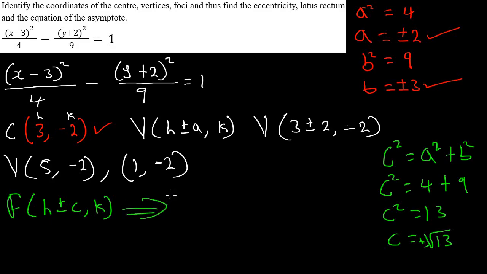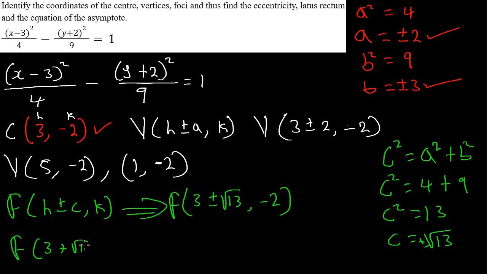It means the foci will be 3 plus or minus root 13, then minus 2. So just like before, let's split out the values. Then the foci will include 3 plus root 13, minus 2, and 3 minus root 13, minus 2. And simple as that.